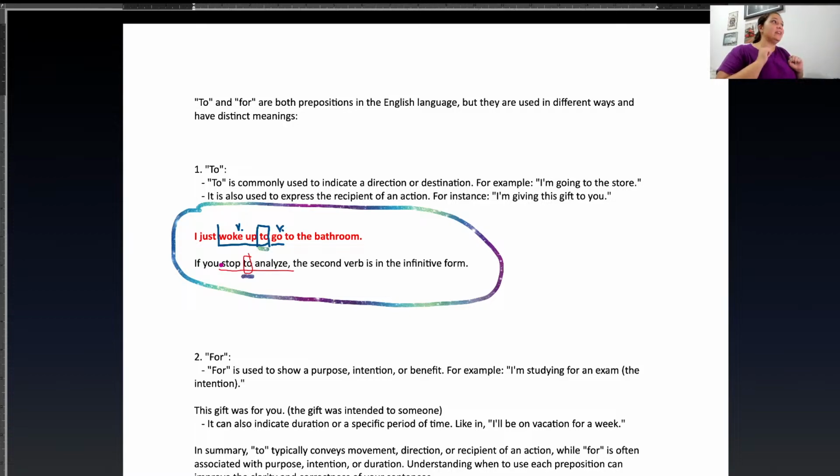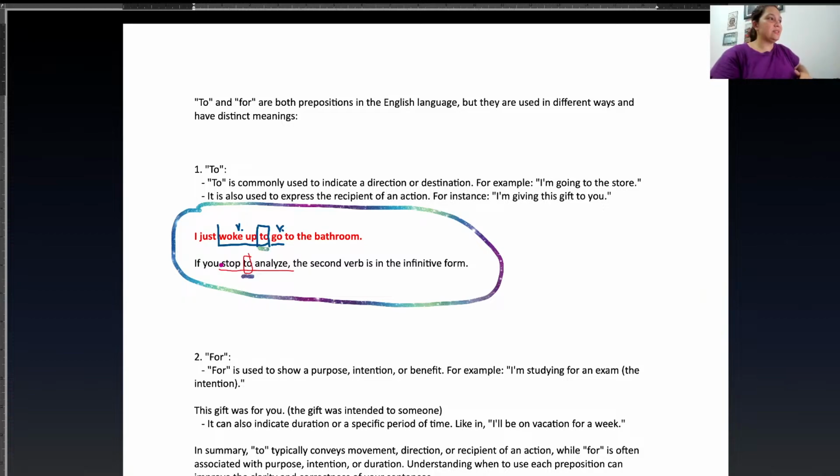Now, coming back here to the difference between for and to. Now that I got this out of my system, okay, so this is an expression. So guys, write it down. Okay, I'm going to type here in the comments to get this out of my system.